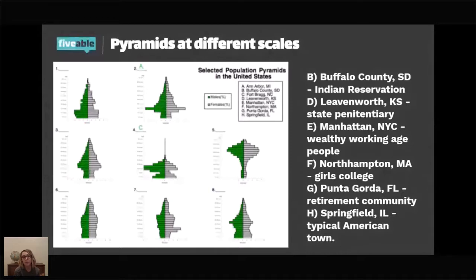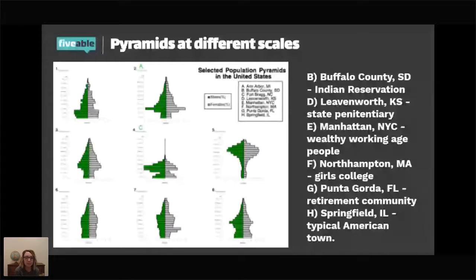That matches up. Retirement community, the majority of the people are going to be in their golden years, and there's really no other pyramid besides 5 that meets that concentration of elderly people. So we've got 5 as G.